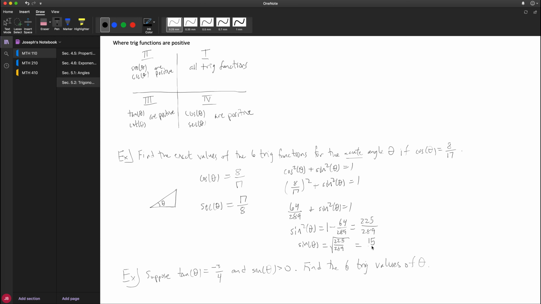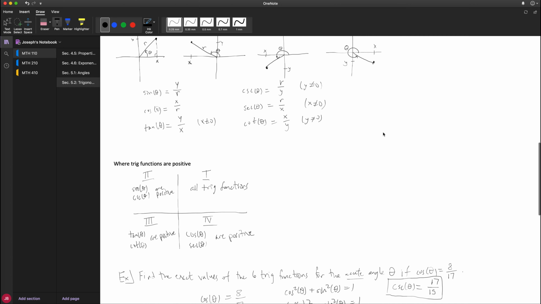Okay. So here's one of the remaining 4. I automatically get cosecant for free. That's just 17 over 15, right? Now I have 2 more to find. I need tangent theta. Well, if we go all the way back up to the top, so bear with me here, how was tangent theta defined?